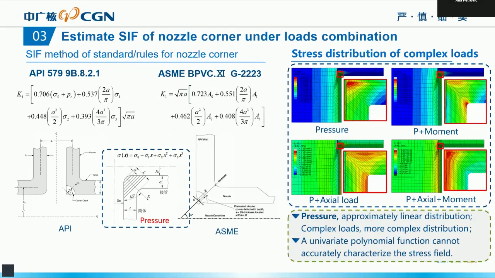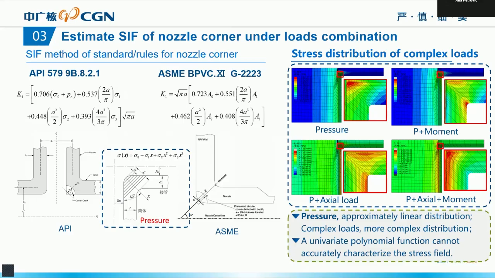This is a common method from standard rules for the nozzle corner, about API 579 and ASME Section XI. On the right of the slides is the stress distribution of the complex loads.